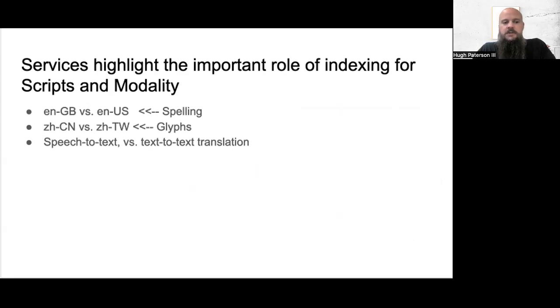BCP 47 allows us to sometimes specify the script. So en-GB would be British spelling of English versus the US spelling of English. And it could operate at the level of the glyphs used in the case of Chinese used in China and Chinese used in Taiwan. But it gets harder to identify if the service is a speech-to-text service or a text-to-text translation service.